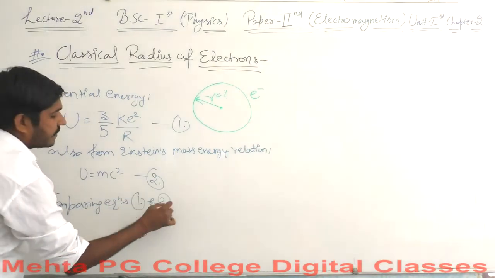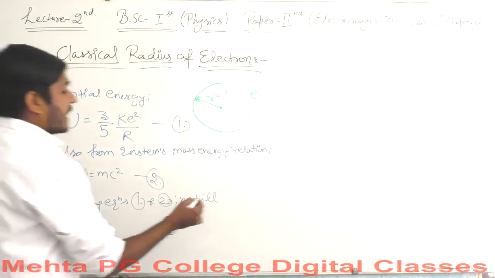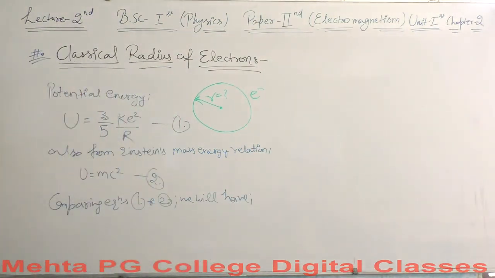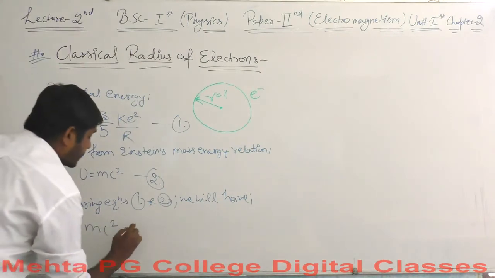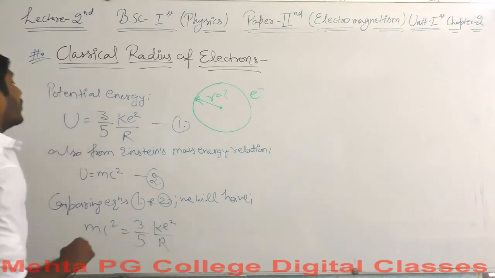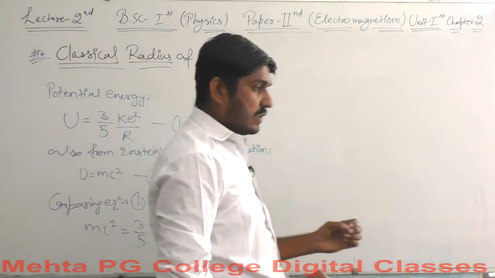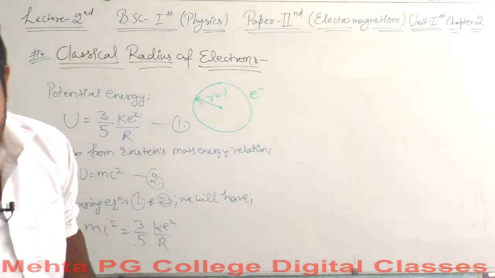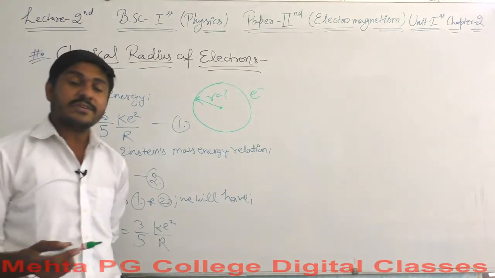Comparing equations 1 and 2, we will have this mc square is equals to 3/5 Ke square over R. So the values which have constant values here: the mass of electron, yes, we know the mass of electron.